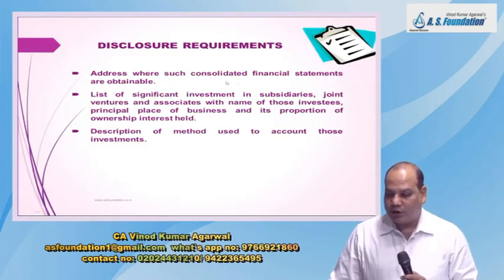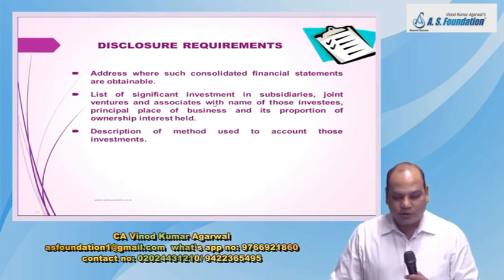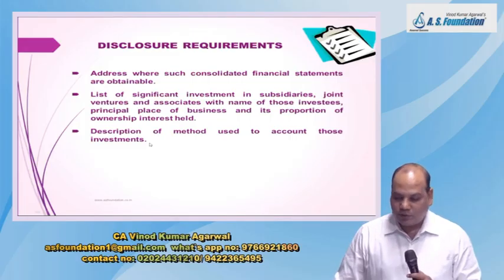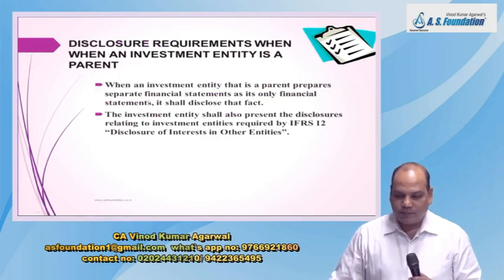Then a list of significant investments, and you have to make a list of such investments in subsidiary, joint venture, associate, with the name of those investees, principal place of business, and the proportion of ownership interest held. And the last is a description of the method used to account for this investment. So 3 methods are allowed in SFS. You can either follow cost, fair value, or equity method.